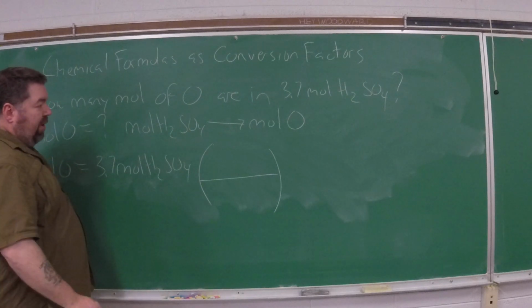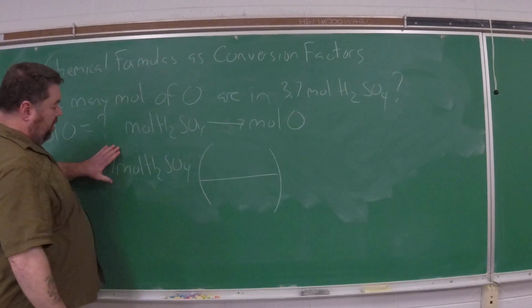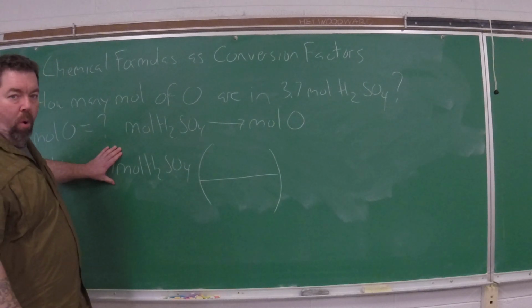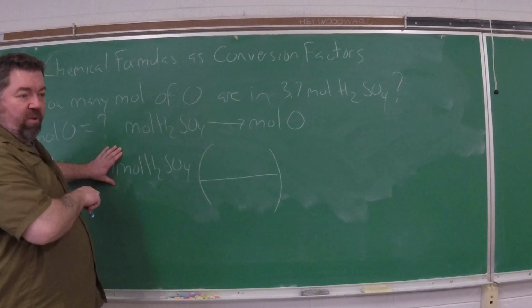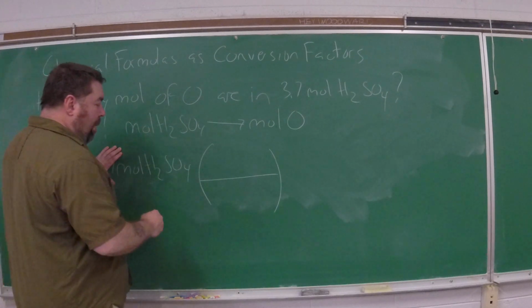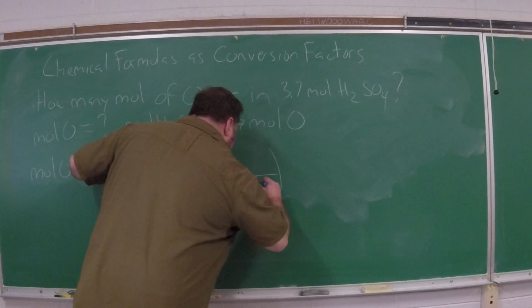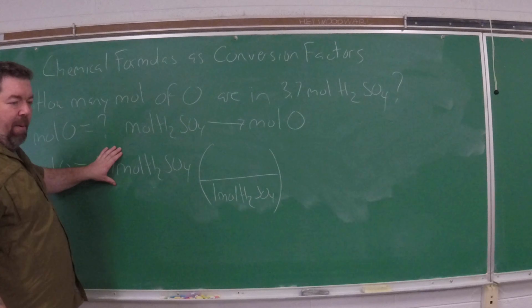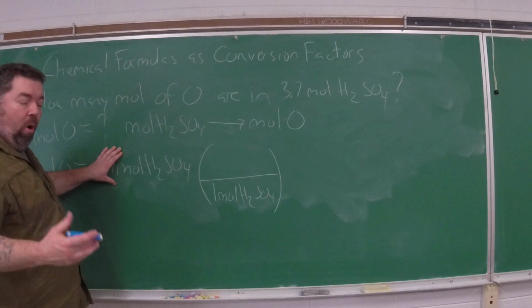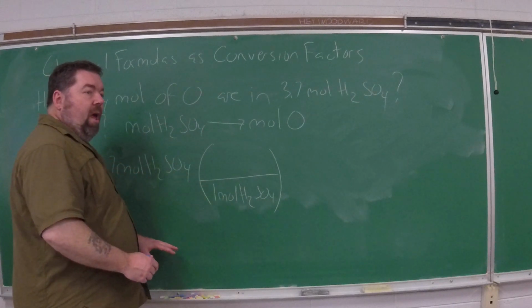So, okay, we have 3.7 moles of sulfuric acid. For every 1 mole of sulfuric acid, right, we're just thinking of 1 mole, how many moles of oxygen are there? Well, first of all, I want moles of sulfuric acid to cancel, right? So I'm going to put that into the denominator. Now, for every 1 mole of sulfuric acid, how many moles of oxygen will there be? There'll be 4, right? For every molecule of H2SO4, there's 4 atoms of oxygen.